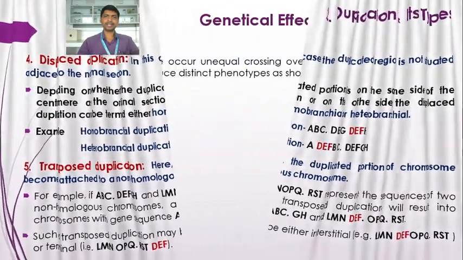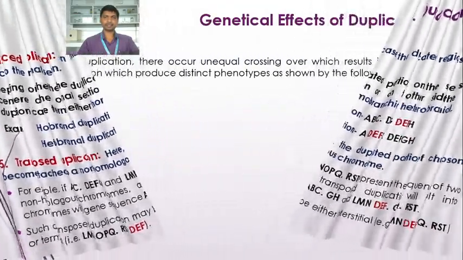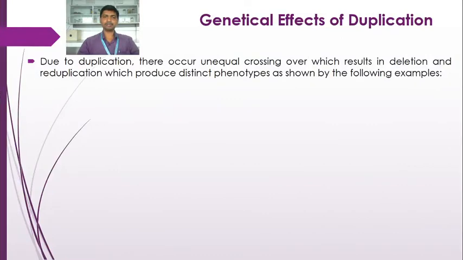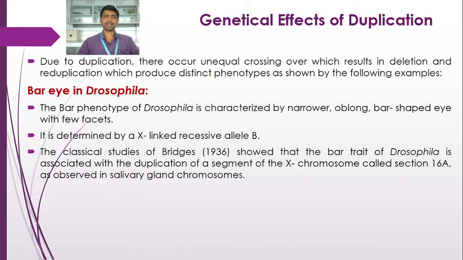Now the genetical effects of duplication. Due to duplication, there occurs unequal crossing over, which results in deletion and reduplication, which produce distinct phenotypes, as shown in the example. Here we take the example of bar eye in Drosophila.